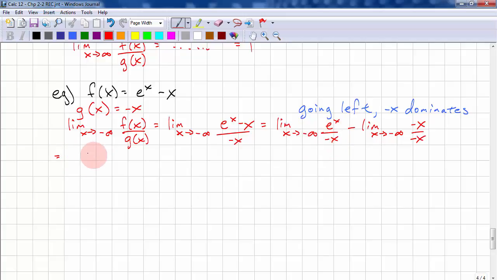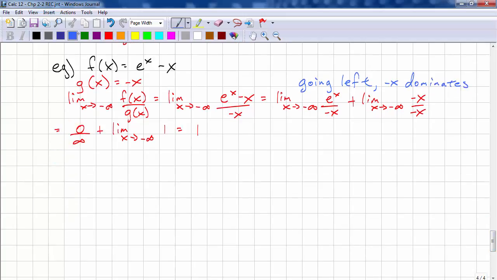So we'll just use that explanation for now. Sorry, this is a plus. We have plus, and we simplify. The limit as x approaches negative infinity of 1, and this becomes 1. This becomes 0. The particular rule for evaluating this is called L'Hopital's rule, but we won't get to that until chapter 8.